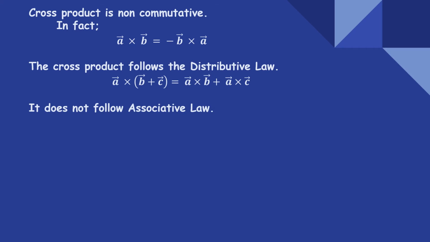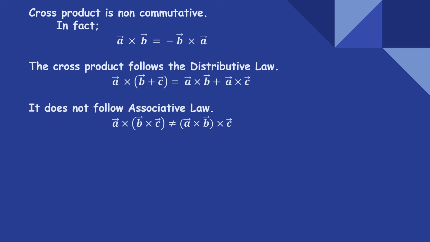It does not follow the associative law. Associative law means we can change the grouping between three vectors, that if I write vector a cross vector b cross c, here vector b cross c is in the bracket, and here vector a and vector b are in a different bracket.